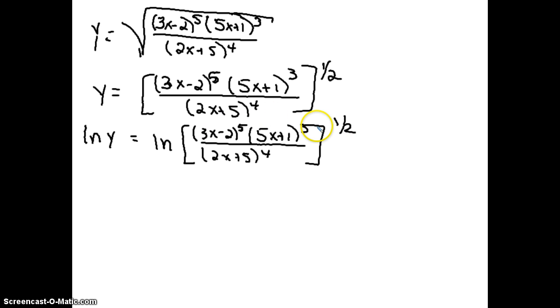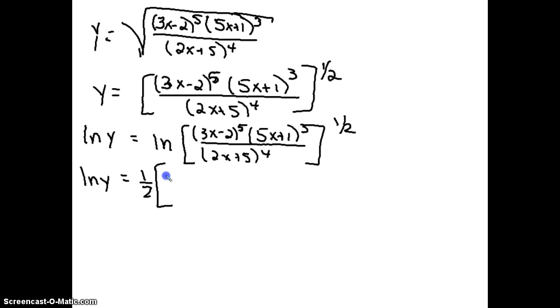And since this whole thing is raised to the 1/2 power, it's a log, so this 1/2 can come in front. So I get ln y equals 1/2 times. Okay, it's in front. Now I get the ln of the product. So remember, there's a log property that says the ln of a product means I can add the logs, and the ln of a quotient means I subtract.